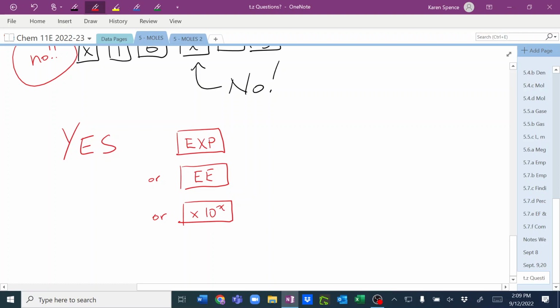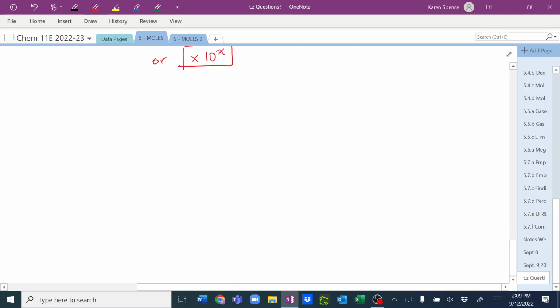That is different than the 10 to the x button. There may also be on your calculator somewhere a 10 to the x button. This is again a no. If it is on your calculator like this, it will literally say times 10 to the x. That button is all those keystrokes in one.